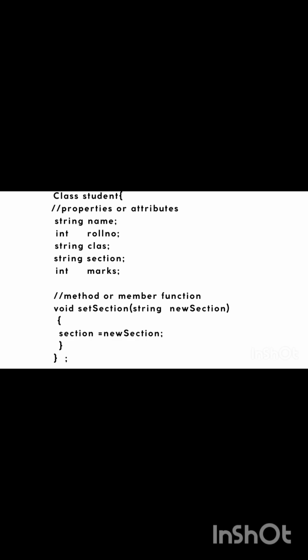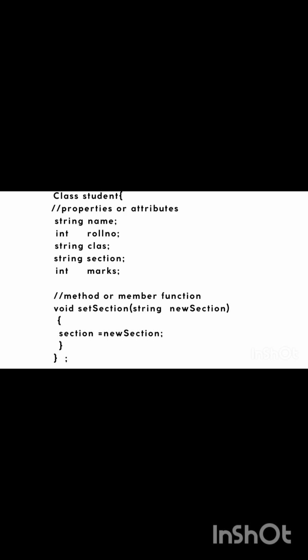We can define this function as void set function having argument string new section. We write it as section equal to new section. This is our function. This is the member function of the class.